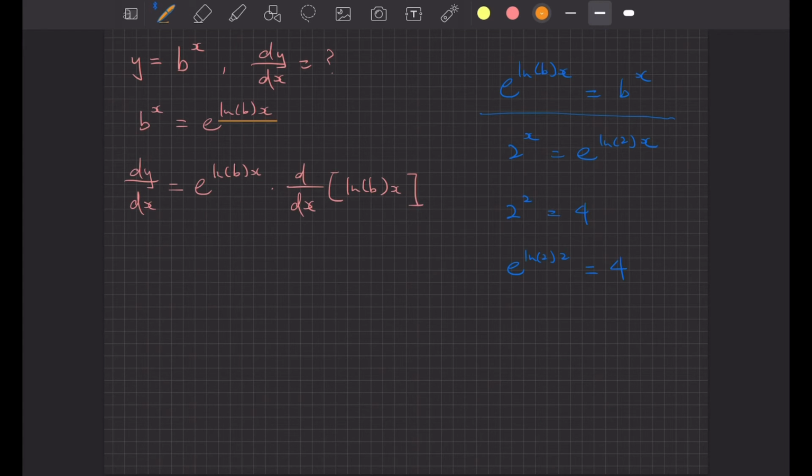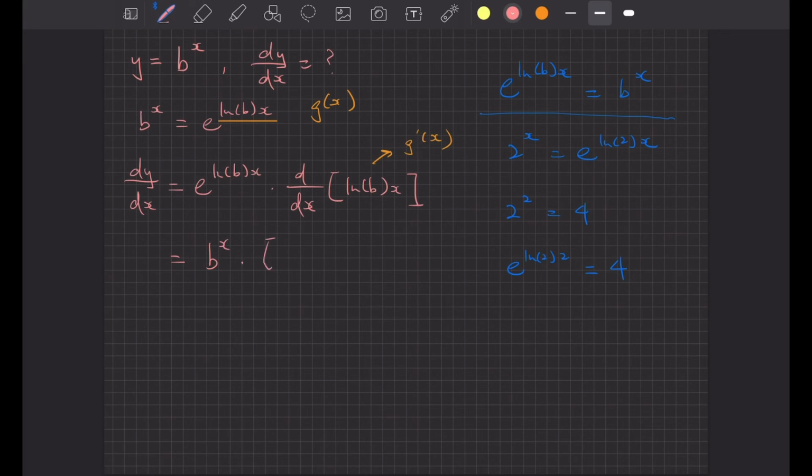The natural log of b times x is g(x), so the derivative of natural log of b times x is g'(x). e to the power of (natural log of b times x) is equal to b to the power x.